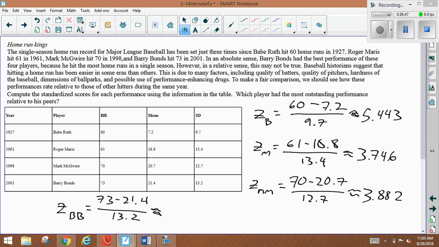Okay, and how about Barry Bonds? 3.99. Yeah, it's just 909, 9099999. Are we sure it repeats forever? No, it's just 909.